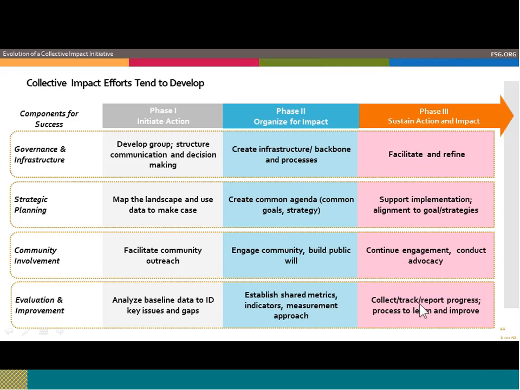And the content we're talking about really are in those first 2 phases, as we're in early stages of development as a state in our early learning hubs. So today we're going to touch on community readiness and asset mapping, which touch on the areas of strategic planning around mapping your landscape, using data to make your case and create a common agenda, as well as evaluation and improvement, utilizing data to identify key issues and gaps, and establish your action plan and shared metrics.